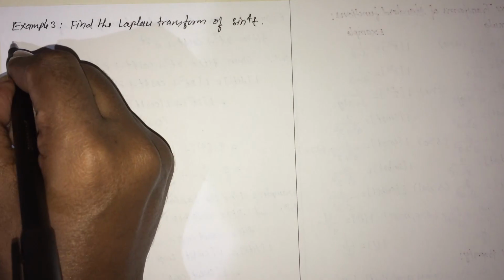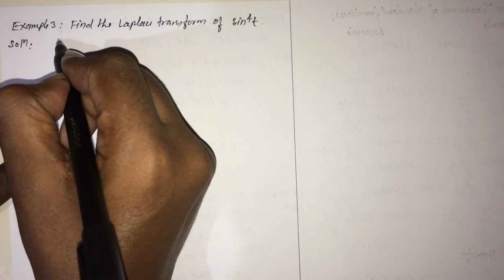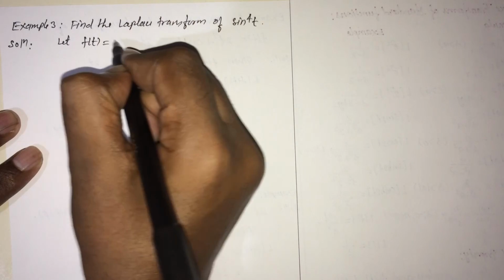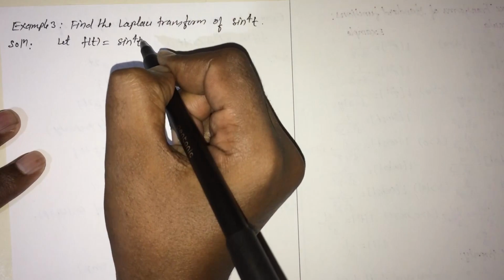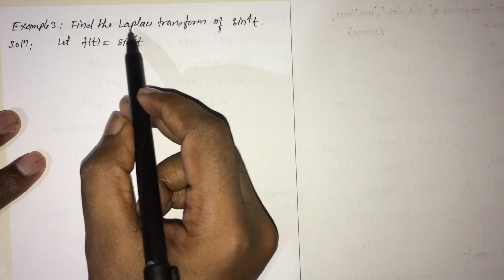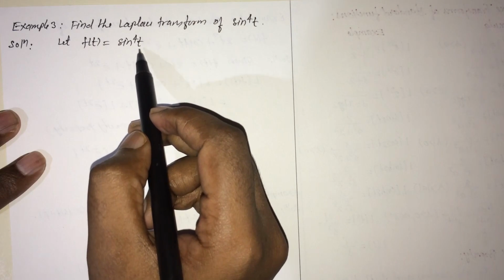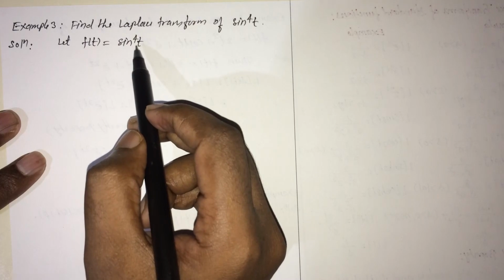So let's do the solution. Let f of t equal to sin raised to 4 t. Here we cannot find the Laplace transform of this function sin raised to 4 t directly. So we must do some manipulation in that.